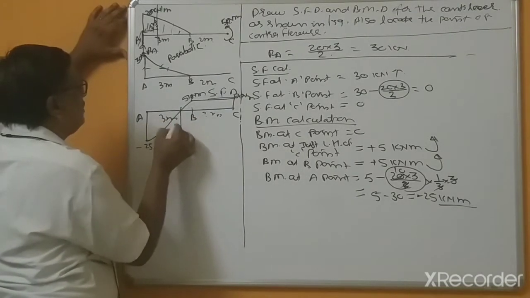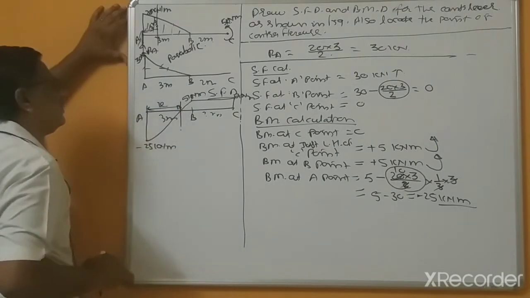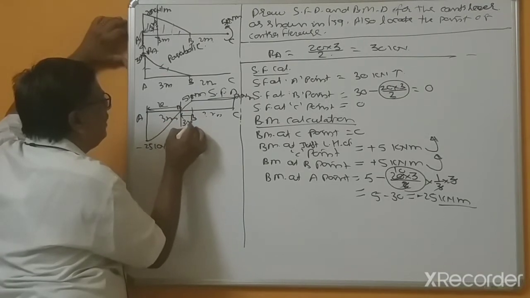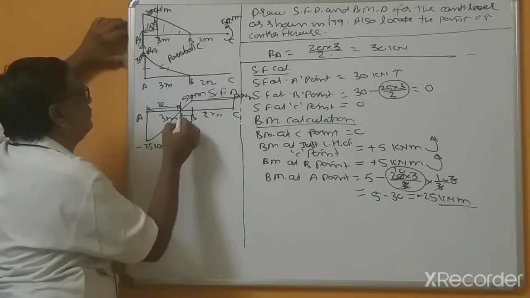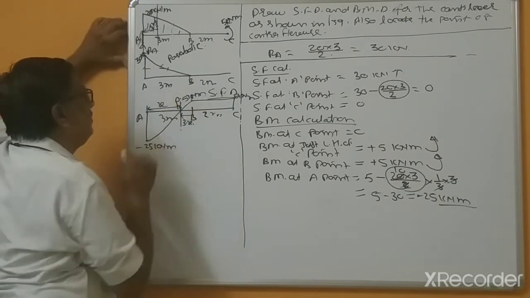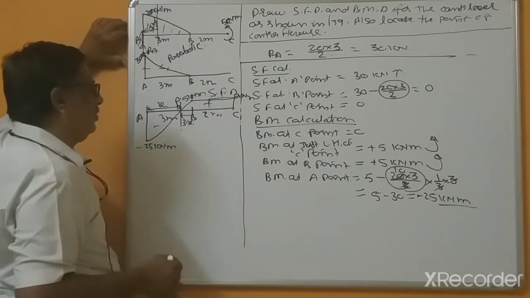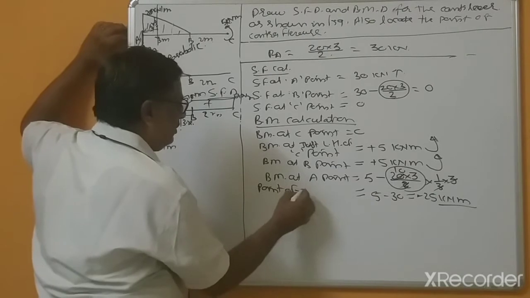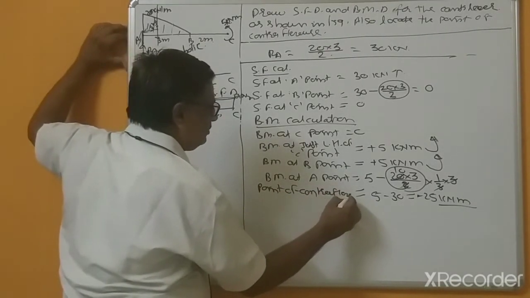So this distance is, suppose, x distance, and this distance equals 3 minus x. This point is the point of contraflexure. All right. Now the point of contraflexure.